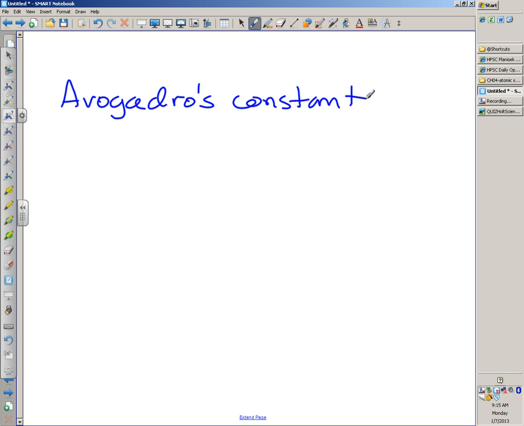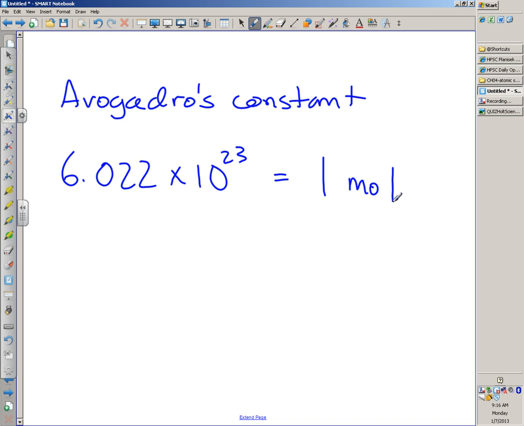So, Avogadro's constant is 6.022 times 10 to the 23rd power. And we said that number was significant because this is the number of things that are in what? A mole of something. Okay? So there is always 6.022 times 10 to the 23rd things in one mole.